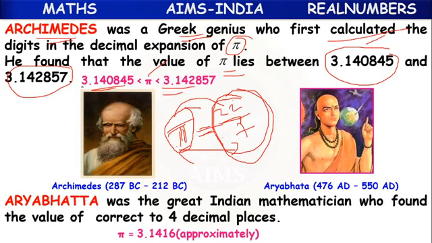So he took the value of pi as 22 by 7. Later Aryabhatta, a great Indian mathematician, corrected this decimal value. Here they have given up to 6 decimal places, but Aryabhatta corrected the value of pi up to 4 decimal places, 3.1416 approximately. Okay, children.